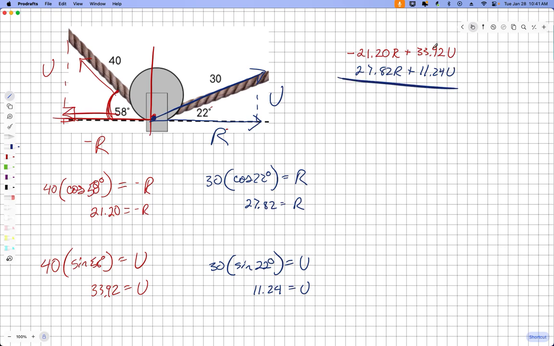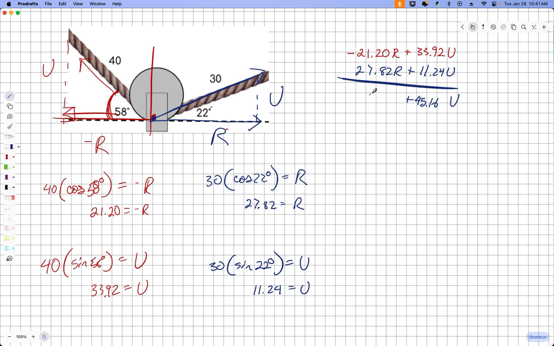We add all of those together, and we are going to end up with 45.16 positive u, and then negative 21.20 and a positive 27.82.